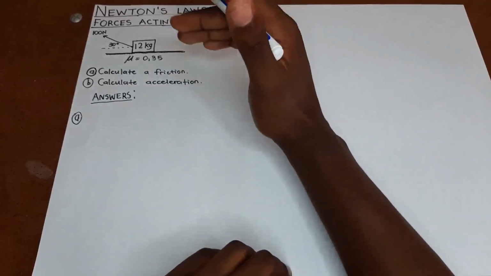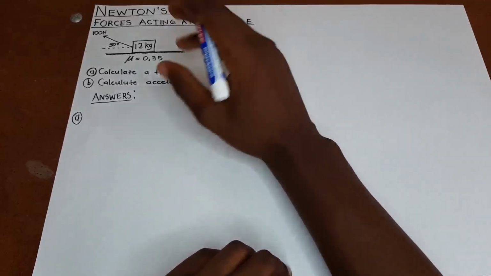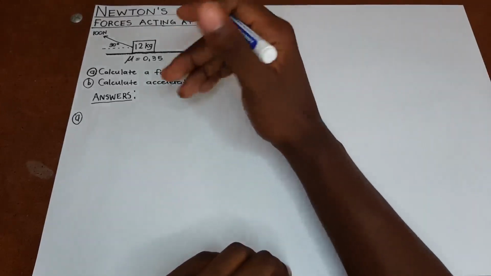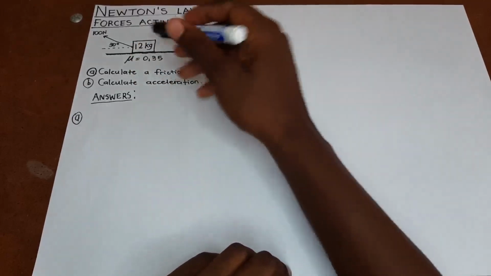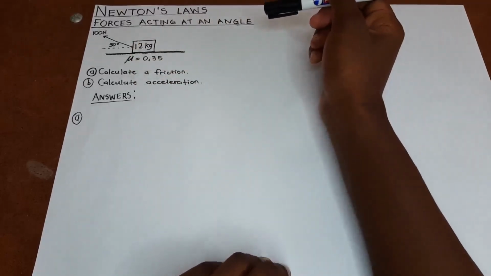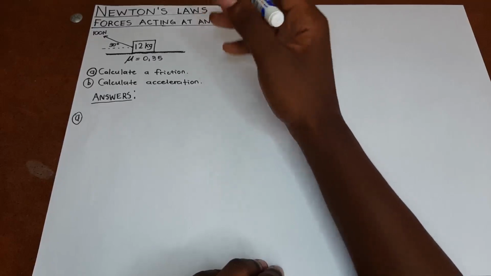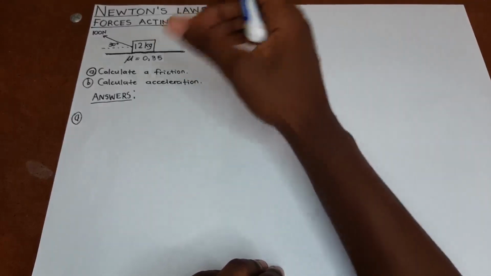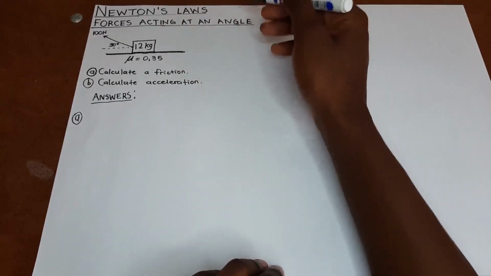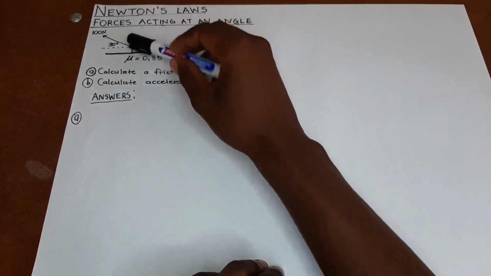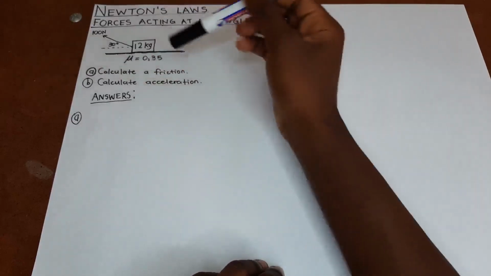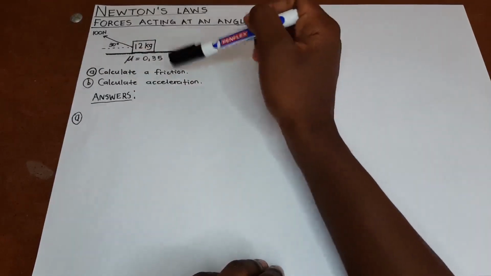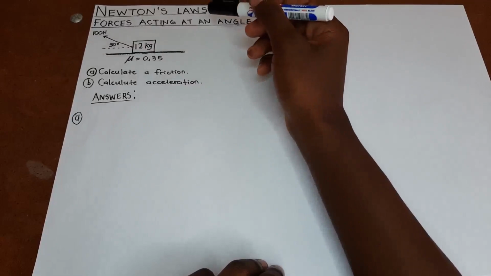Just before that, I'm going to give you a rule. When working with forces acting at an angle, the very first thing you should do is find the x and y components. I repeat, the very first thing you have to do is find x and y components, because that angle is not aligned with our horizontal forces and vertical forces acting on that object.